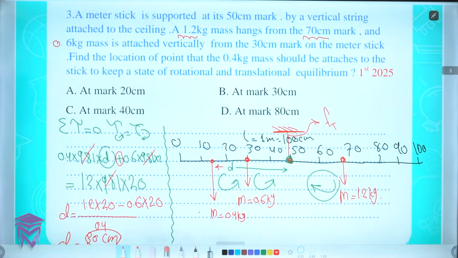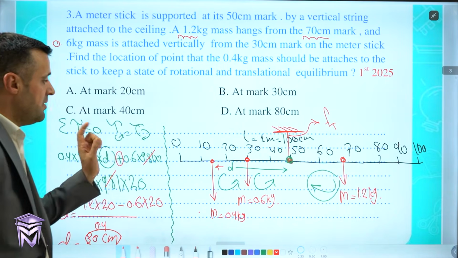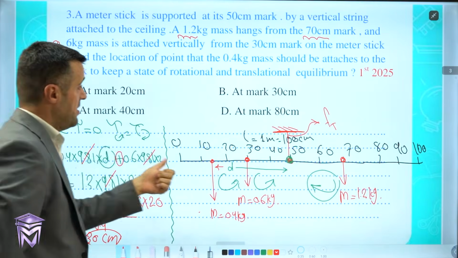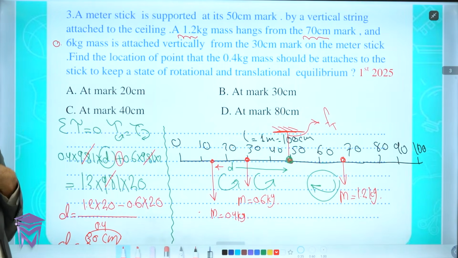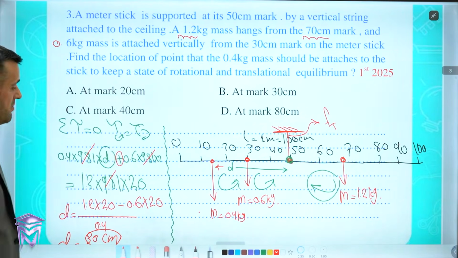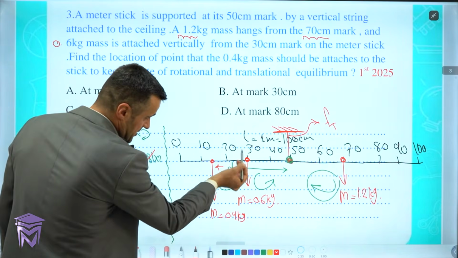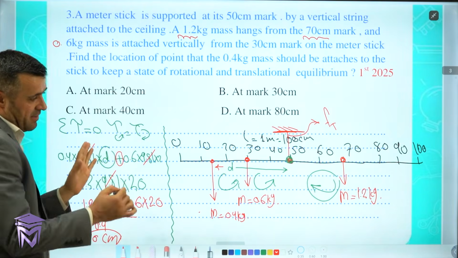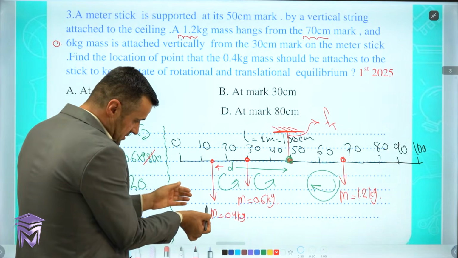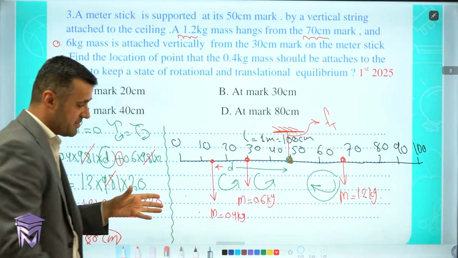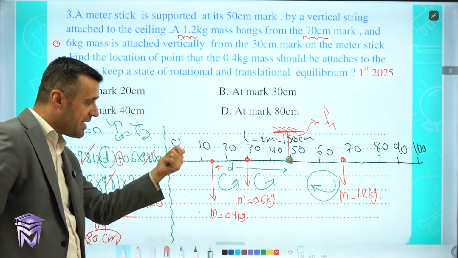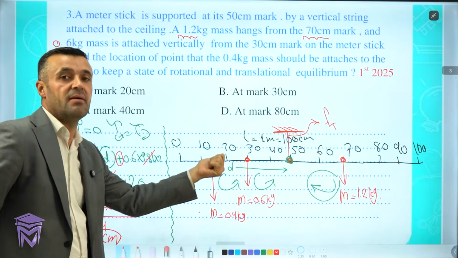But this number is the distance between the third mass and the axis of rotation, while the question requires the mark. The distance is 30 centimeter between the axis of rotation and the third mass.